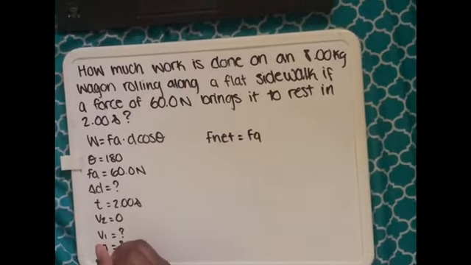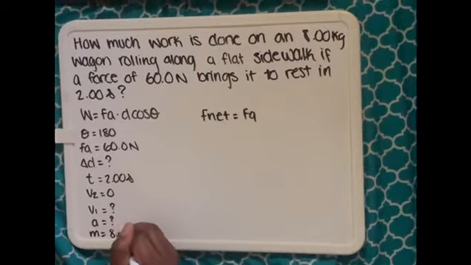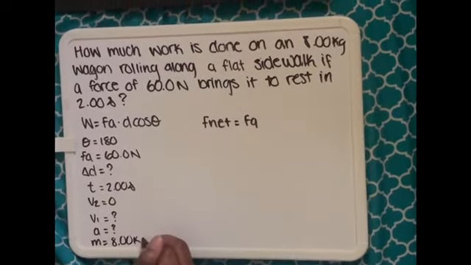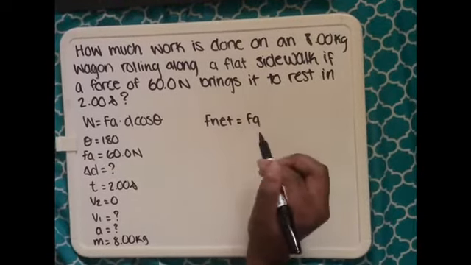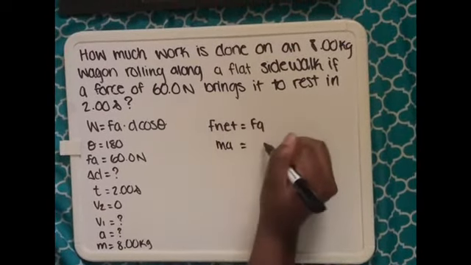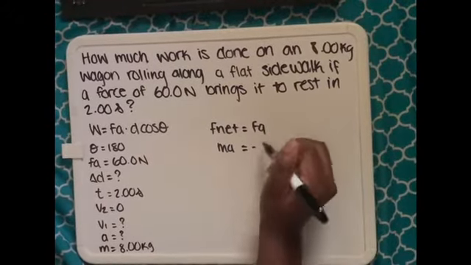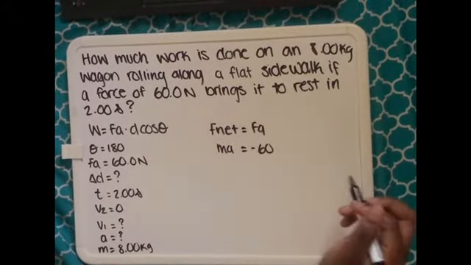Oh, and we also know mass is equal to 8.00 kilograms, because F net breaks down to ma, which is equal to Fa, which I'm going to make negative 60 because it's slowing down.